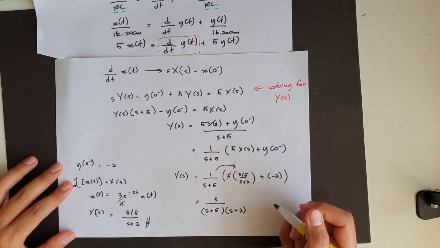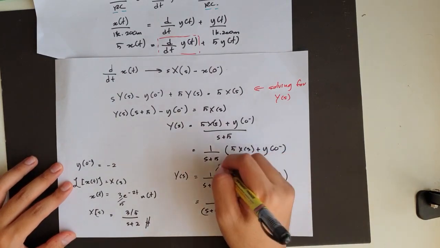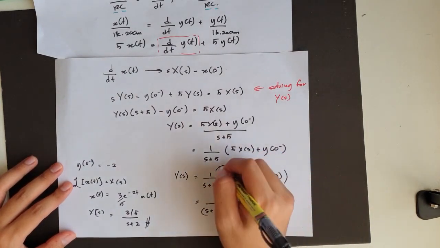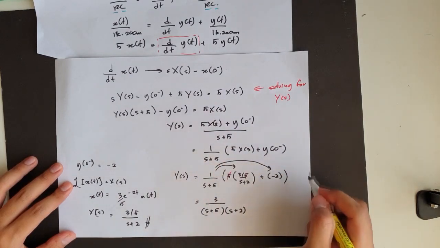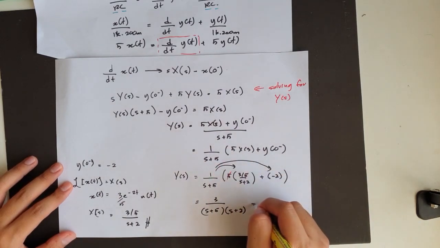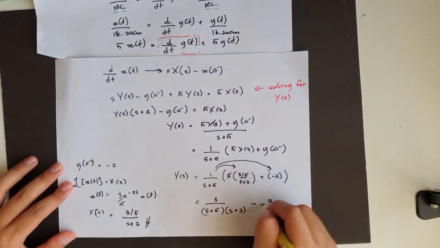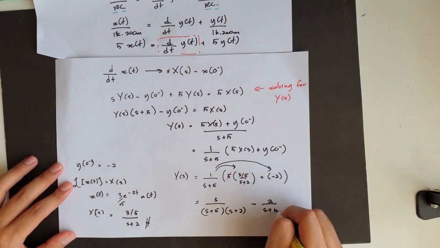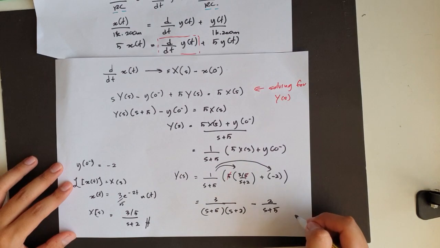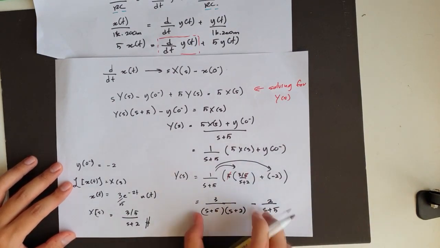Okay, you got it? And this one we also require to multiply here, so negative 2s plus 5. Okay, and all of you get this one.